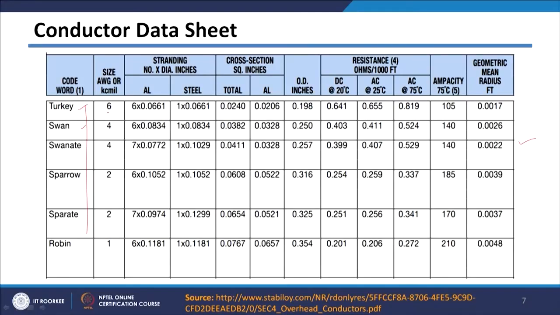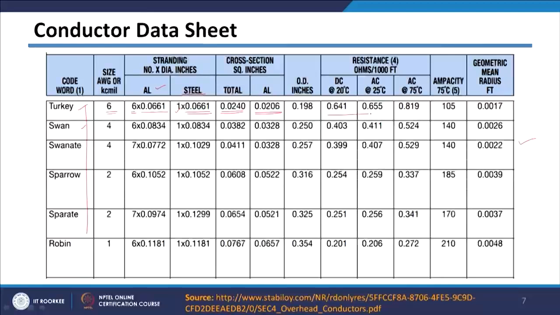You can see that this gives size in AWG or kilo circular mils, and then there are aluminum strands. These are the number of strands and diameter of each strand. Then steel, there is only one strand, and this is the diameter of the steel strand. Then total cross sectional area of the conductor, out of this aluminum area.